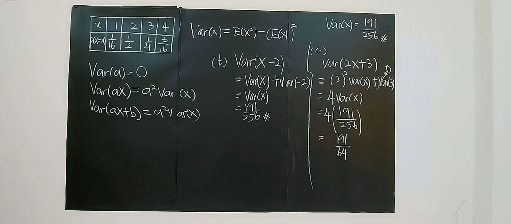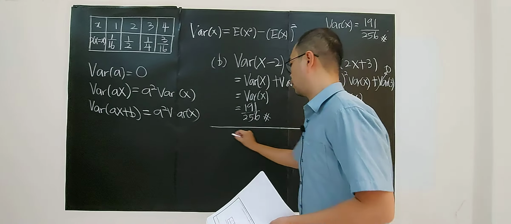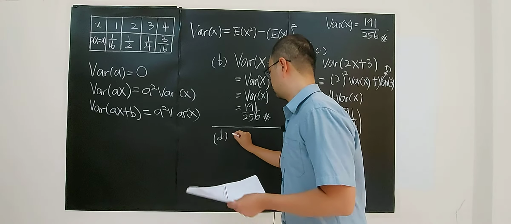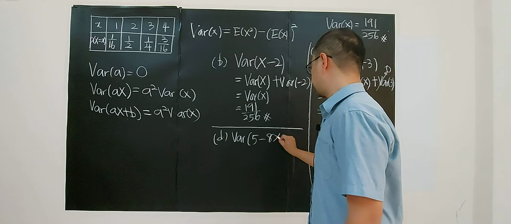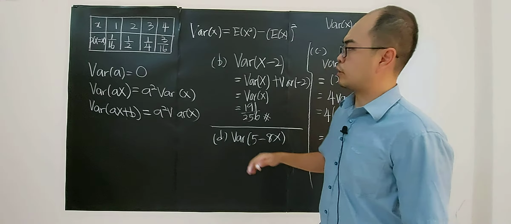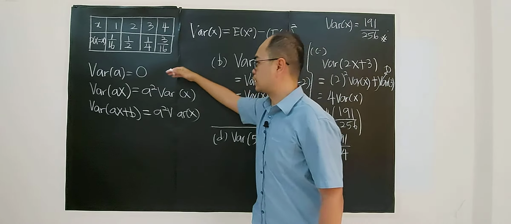And lastly, we look at the variance of 5 minus 8x. In this video, I just want to show you how to find the variance by using this formula and how to use the properties here.